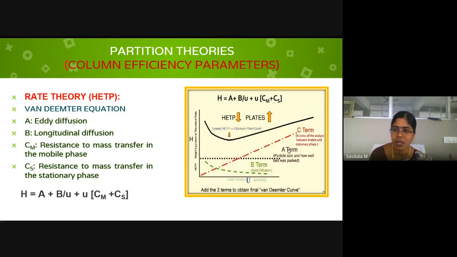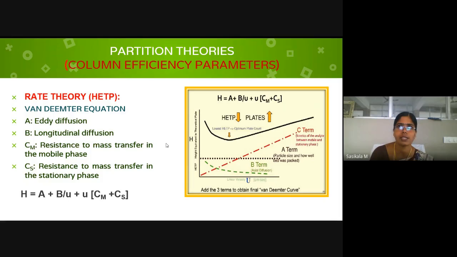Okay, C term. The A term represents eddy diffusion, which depends on particle size and how well the bed was packed. That is, how the column is packed. It depends on packing of the column and particle size of the adsorbent. That is eddy diffusion. Then the B term is axial diffusion or longitudinal, horizontal diffusion.